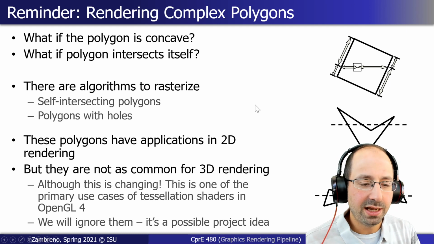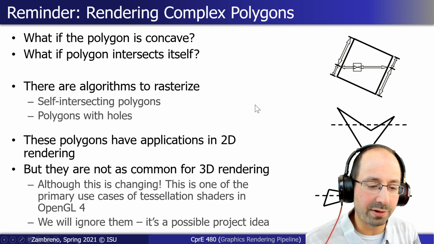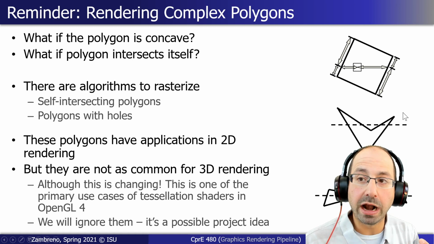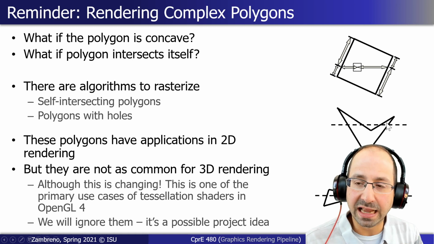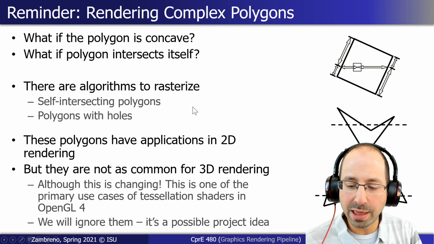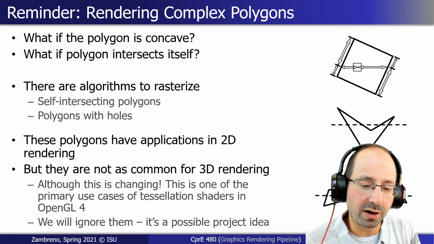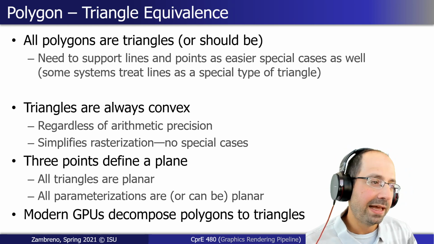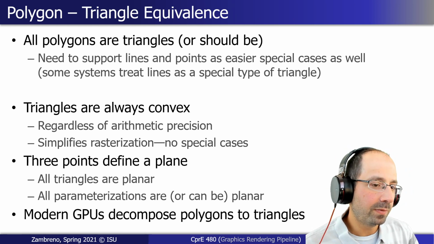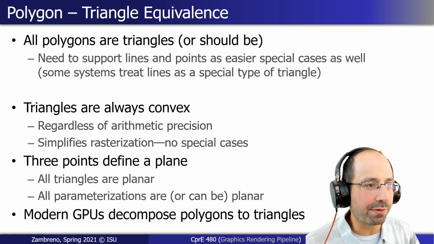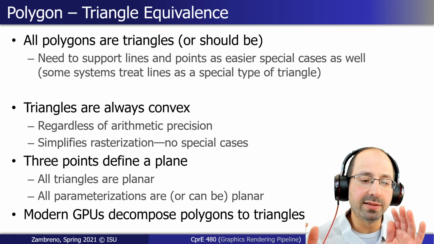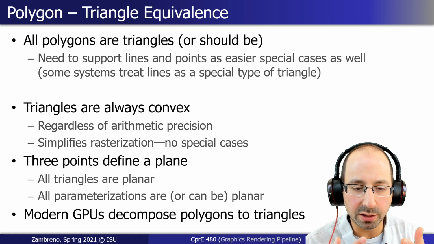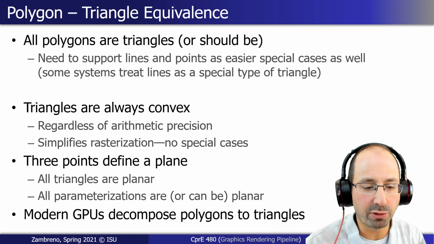What about the different approaches for different kinds of arbitrary primitive types? Things like, can you rasterize something like this properly? There are algorithms to do them. They're fairly complicated, and so whether or not we want to consider all of our primitives as triangles, I think the right way to state it would be, it's not really correct to say that everything we specify is a triangle, but our life is a lot simpler if we assume that all of the primitives we're actually rasterizing are going to be triangles.